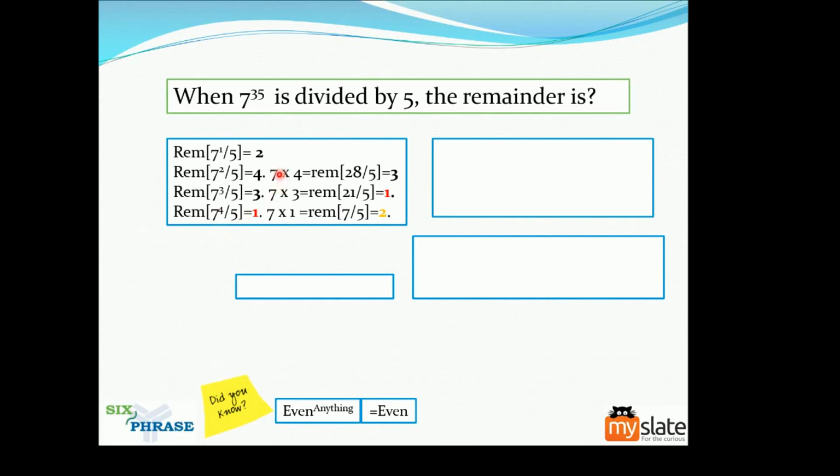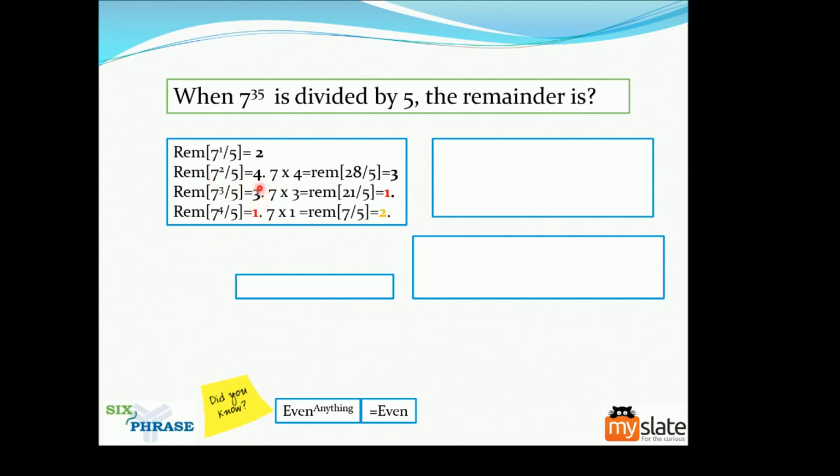What I am pointing at with this red laser is the shortcut with which you can avoid calculating 7 cube, 7 power 4, 7 power 5, 7 power 6. You don't need to calculate it, just use this shortcut. Now take this 7. You got this 3 here, right? I'll tell you how you got this 3 in an easier way.